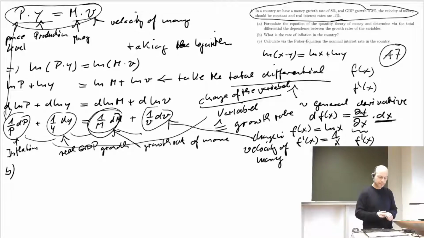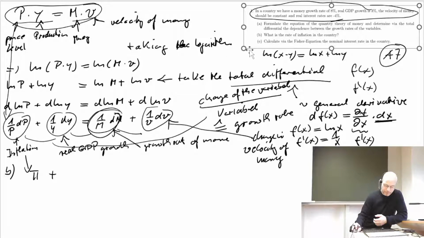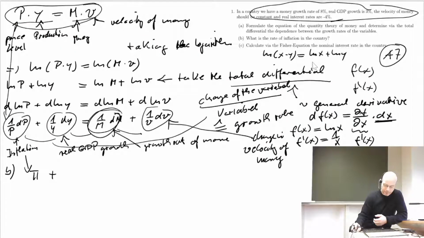What do we have then? Inflation, we quite often take the Greek letter pi for inflation. So pi plus, what number do we have for the real growth rate? I think it's 3%.